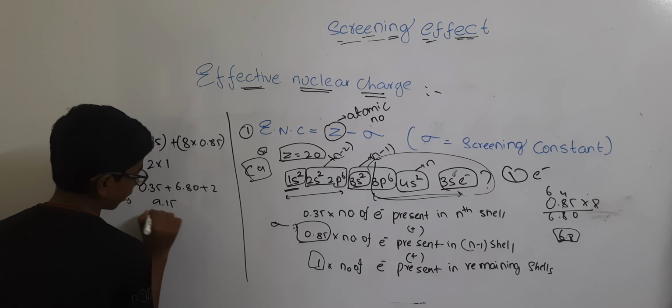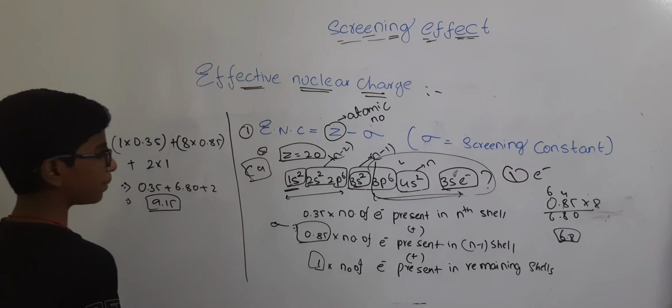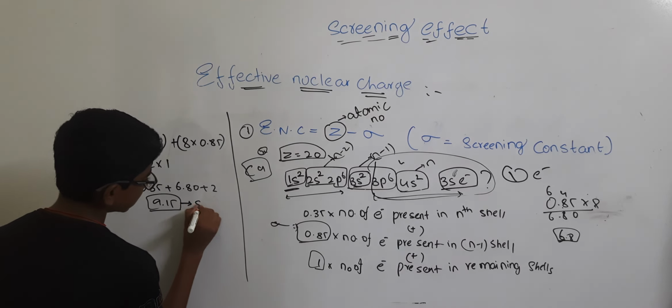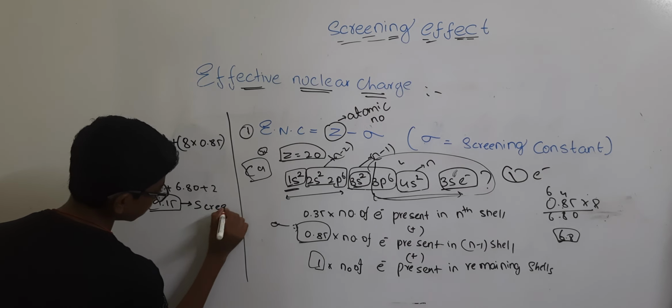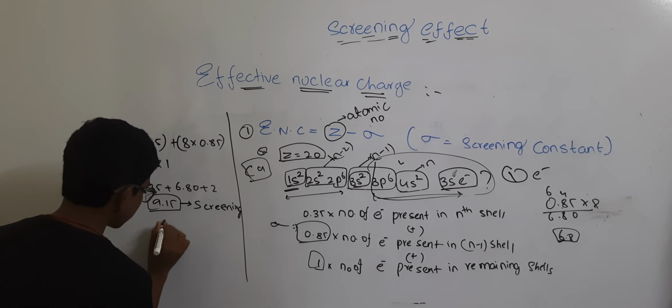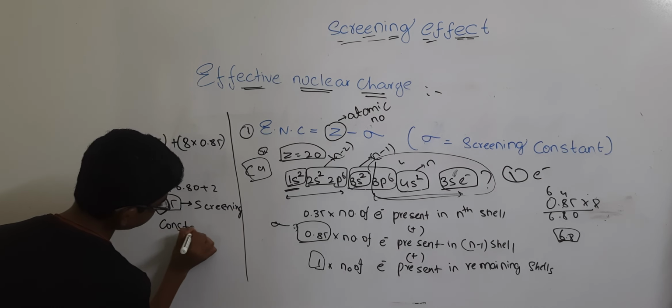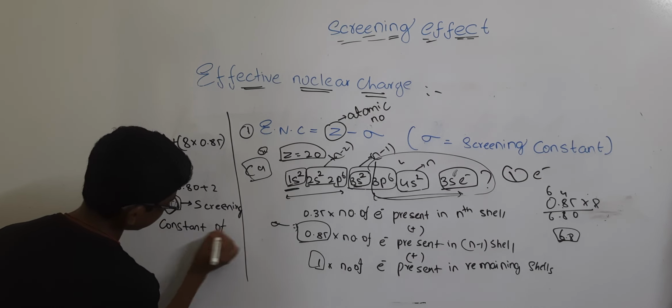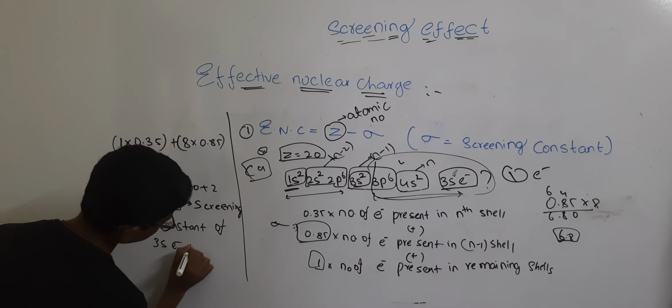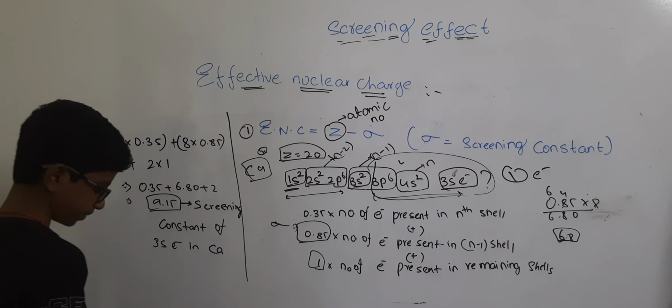Now we have to find the effective nuclear charge, which means we have to calculate for the valence shell electron, that means the 4s electron. I am telling it briefly. 9.15 is the screening constant of the 3s electron in calcium.